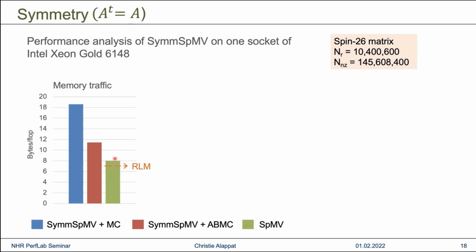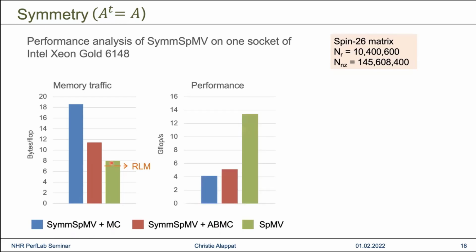For symmetric SpMV, we expect a lower code balance because we store only half of the matrix. However, what we see here is that the code balance increases compared to SpMV. So if we use symmetric SpMV with multicoloring or algebraic block multicoloring, the code balance increases compared to that of SpMV. And consequently, we also suffer in performance.